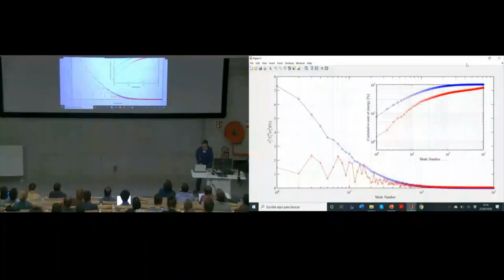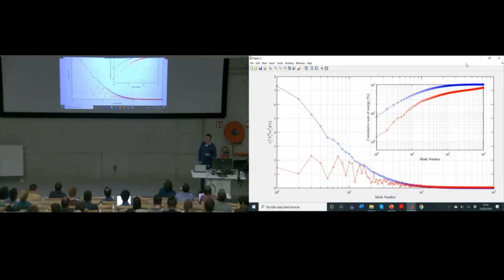One thing that is interesting is that the extended modes are not anymore ordered by their energy content. We have in blue the variance content of the temperature modes. In red, we have the variance content of the velocity modes obtained from the extended POD.